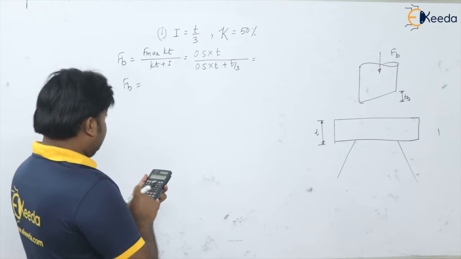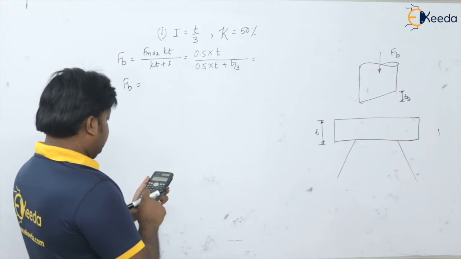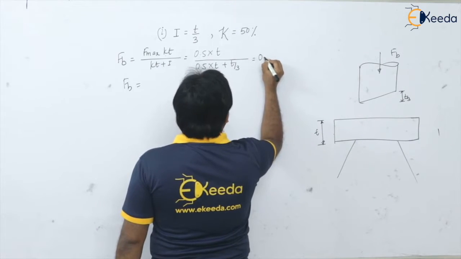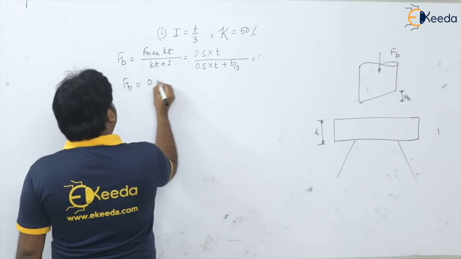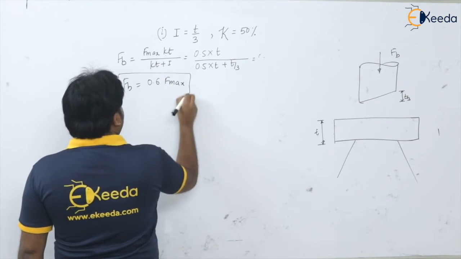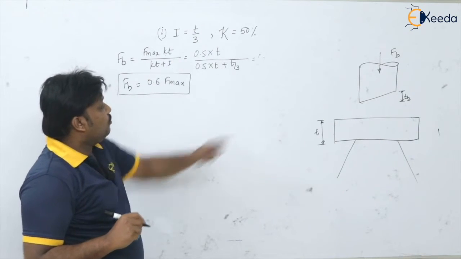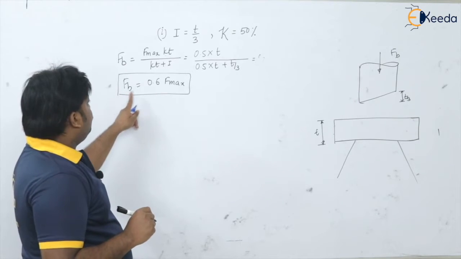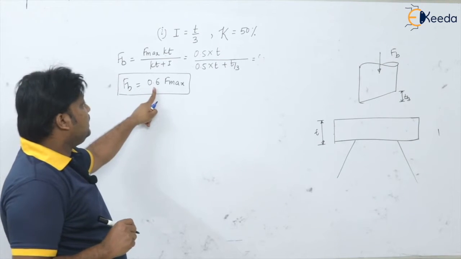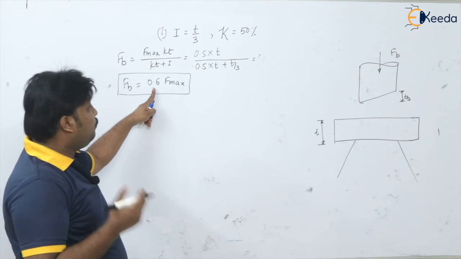It is 0.5 divided by (0.5 plus 1/3), and the answer is 0.6. So FB is 0.6 times F max. You can see here, for the first case, when I provide the shear as 1/3 of the thickness of the plate, my force with the shear is 0.6 times F max. That is, there will be a 40% reduction in the load or force.